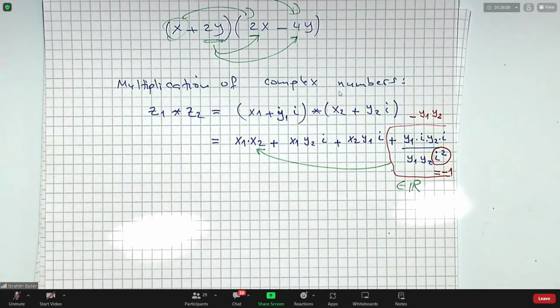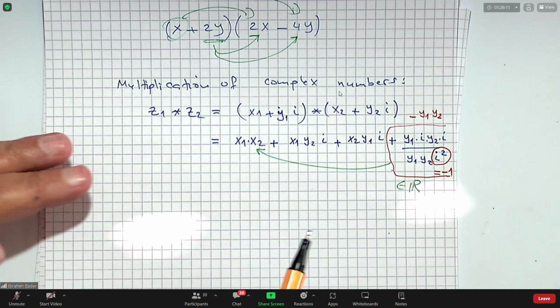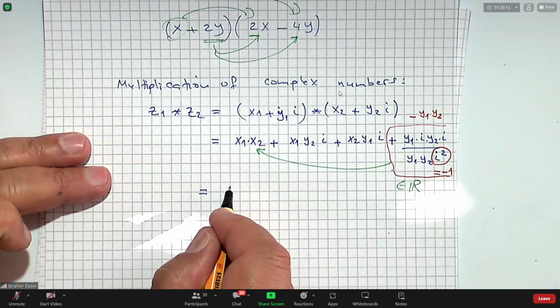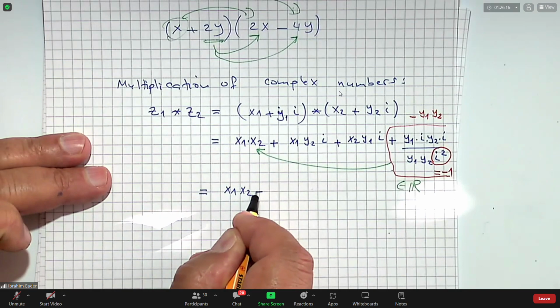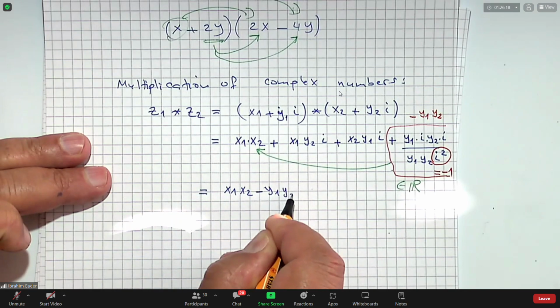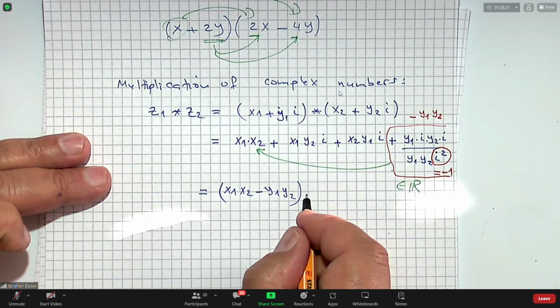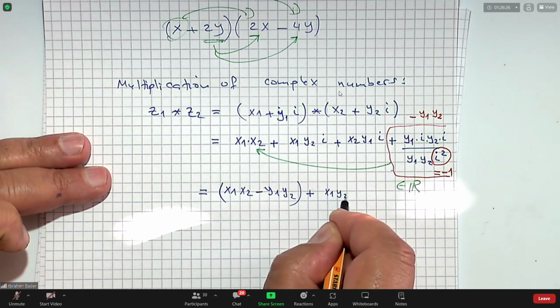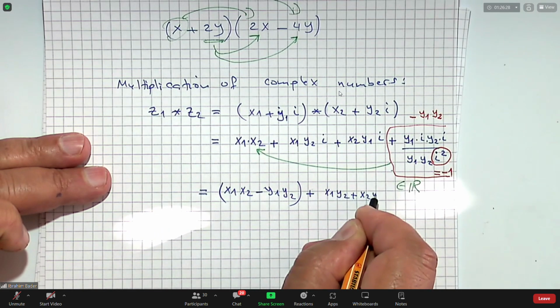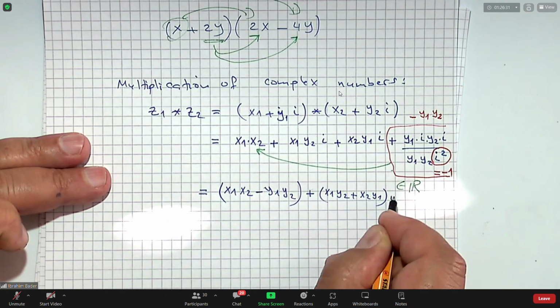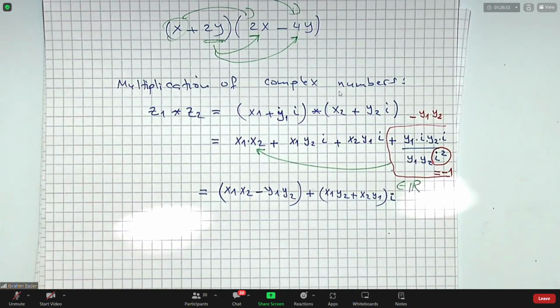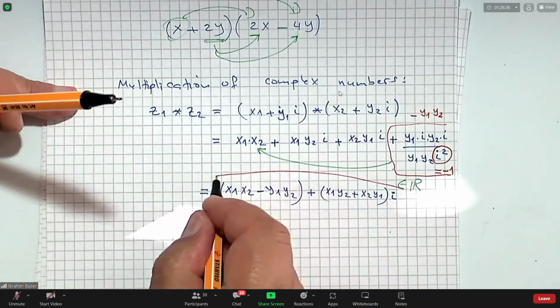So now if I group the alike terms to split the real and the imaginary parts, I end up having x1 x2 minus y1 y2, which is the real part of the outcome, plus x1 y2 plus x2 y1, all multiplied by i. Okay, so this is the outcome here.